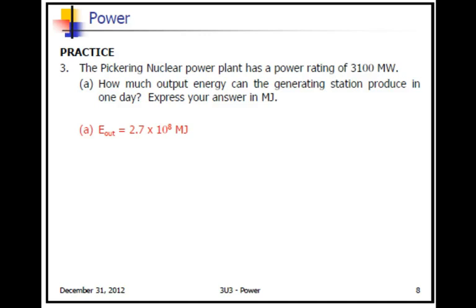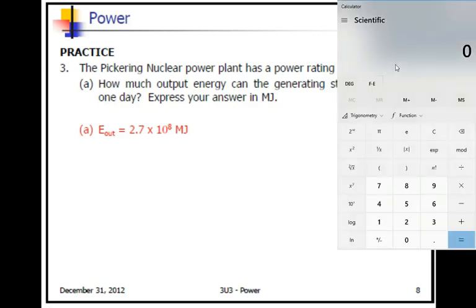This question says the Pickering nuclear power plant has a power rating of 3,100 megawatts. How much output energy can the generating station produce in one day? So it's a two-part question. The first part is simple enough. If we write down 3100, that's our power rating.